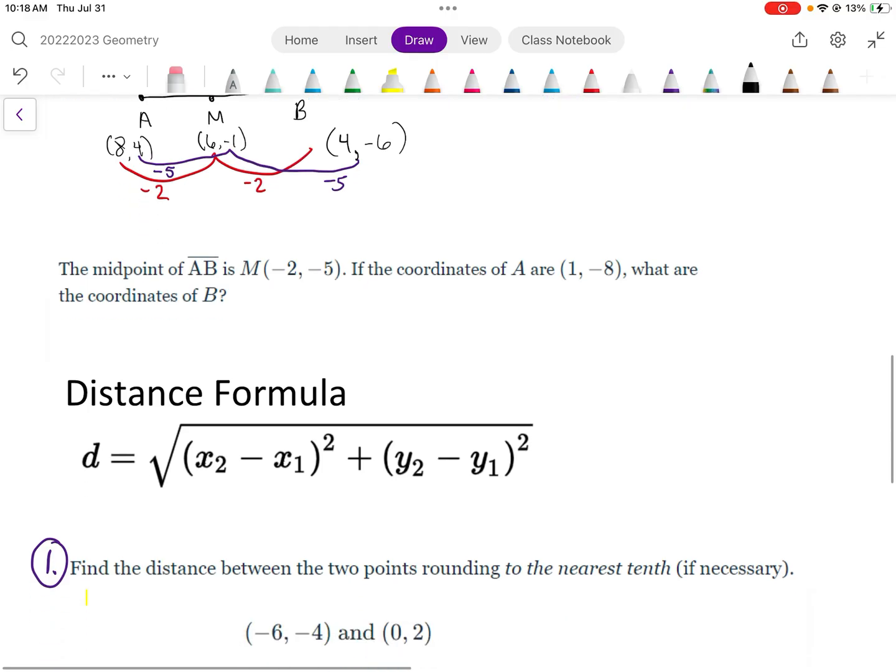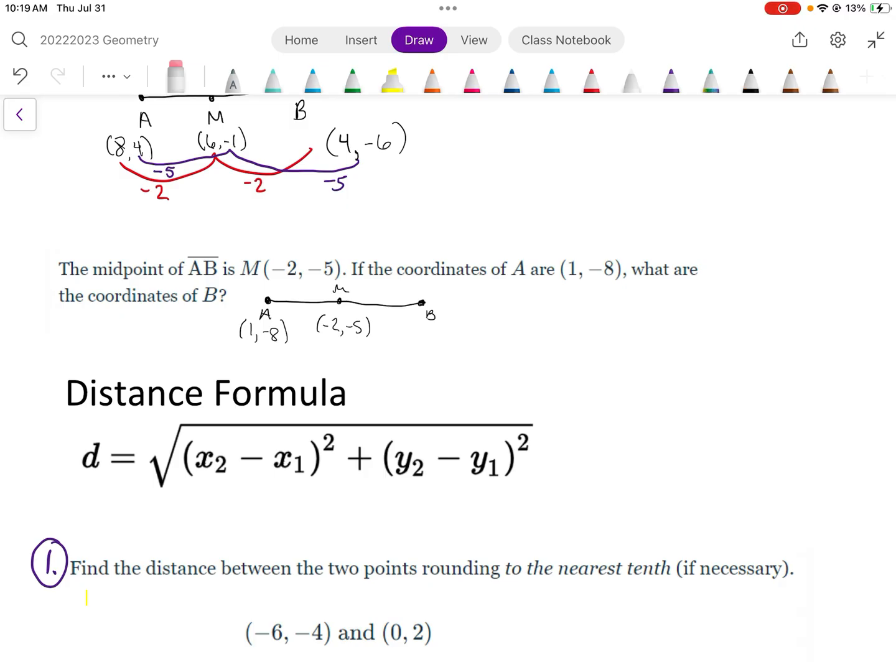Okay, and then let's do this one. Again, you have A. A is at 1, -8. You have M. You do not have B. Okay. From 1 to -2, that's going down 3.